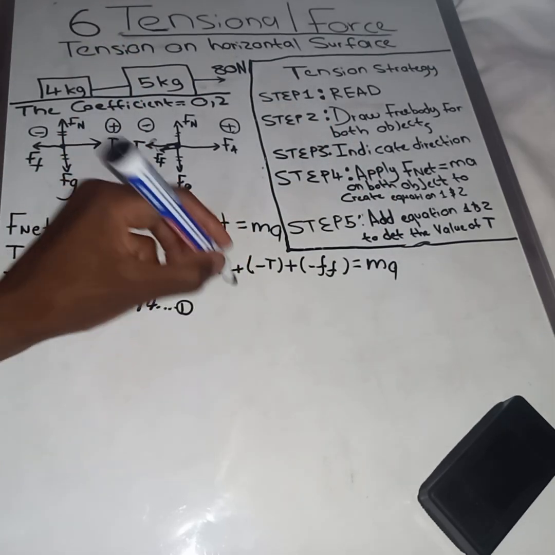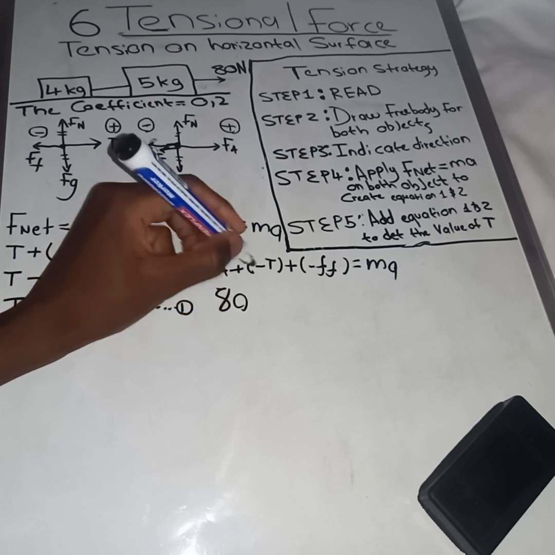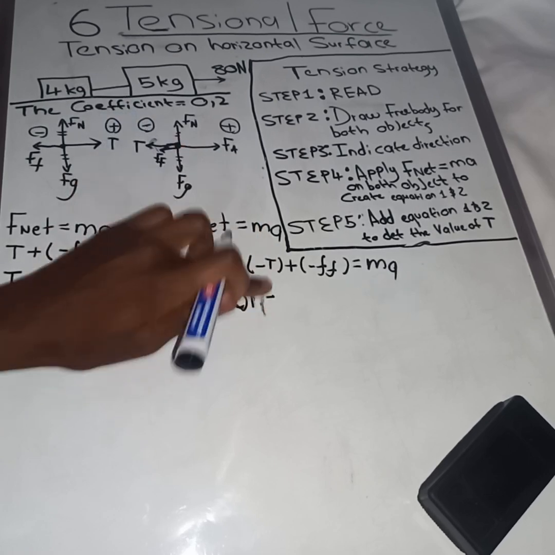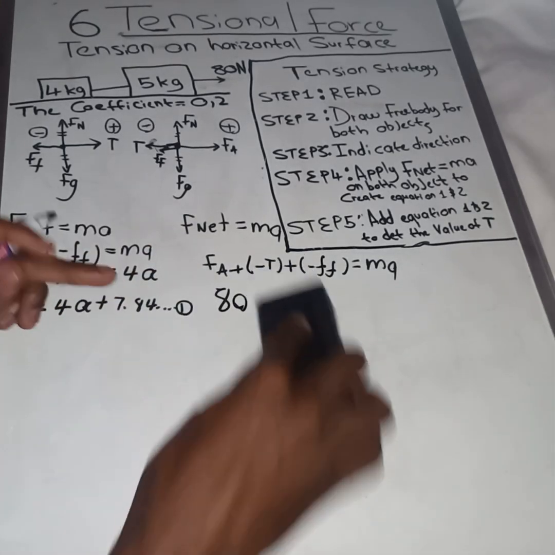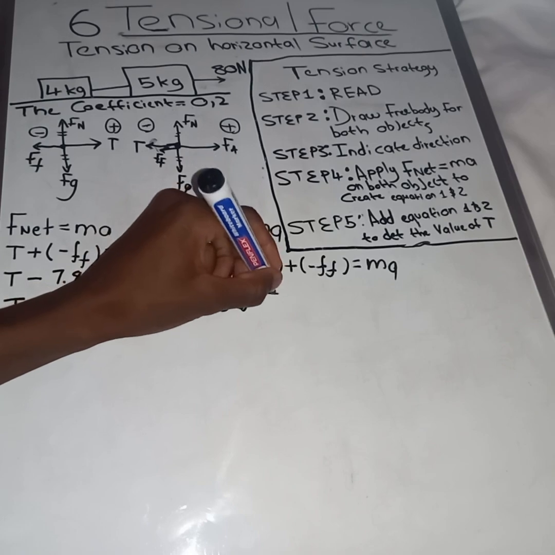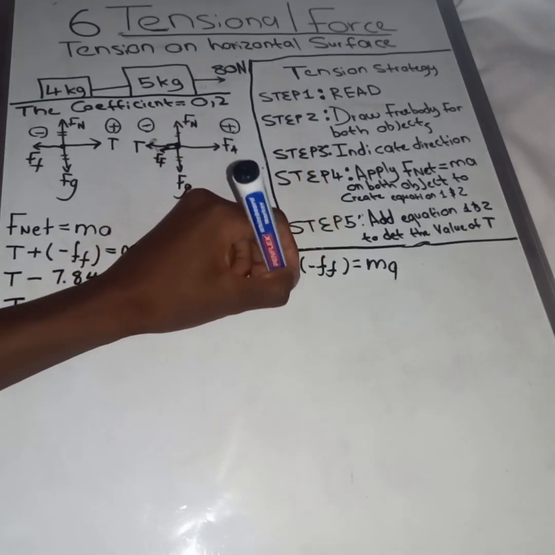The value of Fa, 80 Newton minus, just write 80 minus T, positive times negative is negative.